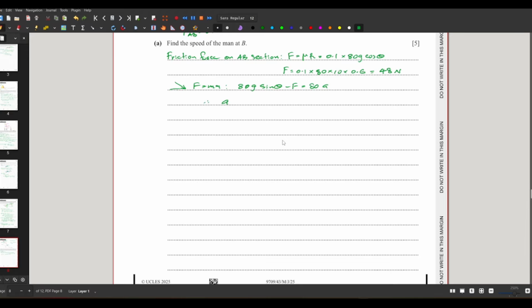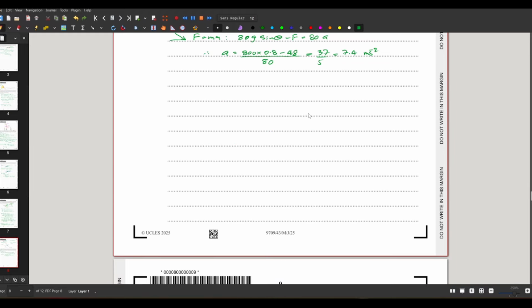Then acceleration equals 80g, so 80g means 800 times sine theta is 0.8, minus the friction is 48, divided by 80. So you will receive 37 over 5, which is 7.4 meters per square second.